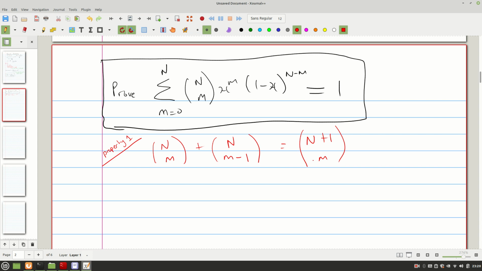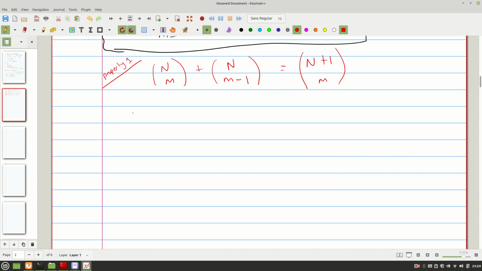So this is the first property we need to prove, and in order to do that, let's actually work it out. So let me use a different color for that. So this is equal to n factorial. Okay, let's use blue. I'm going to just stick to it.